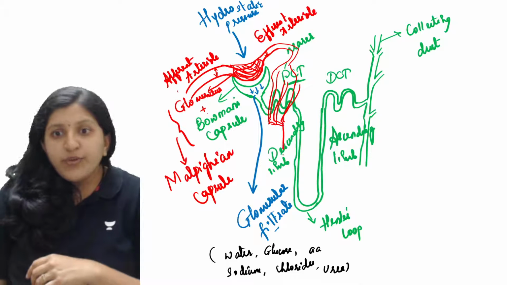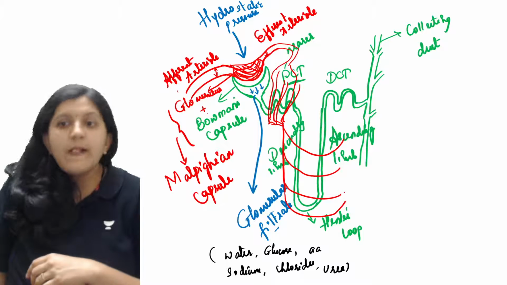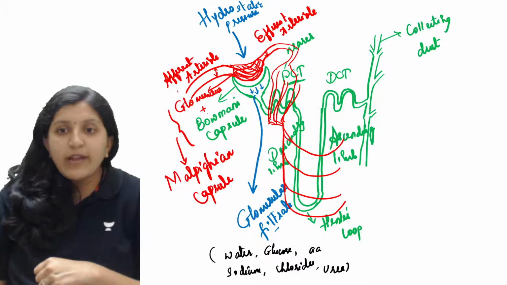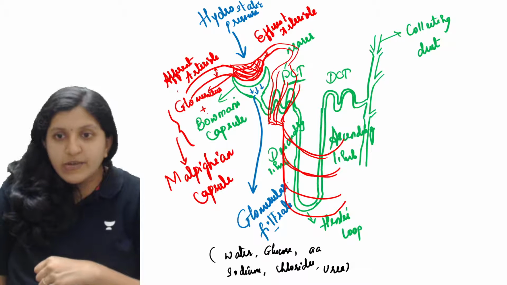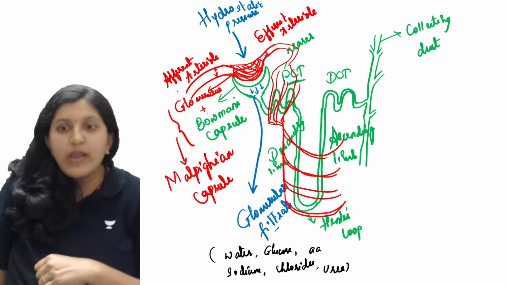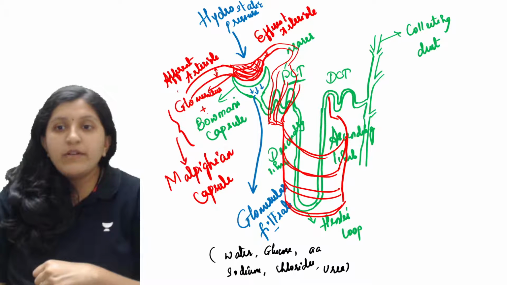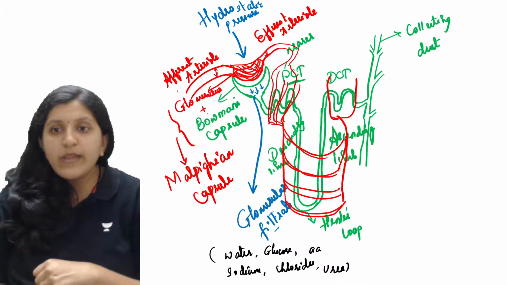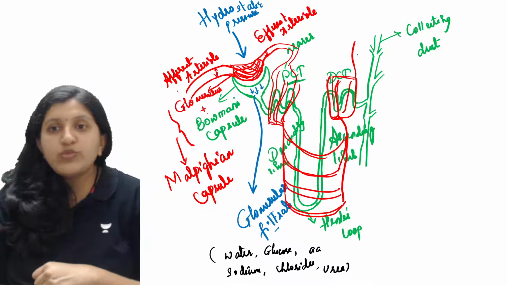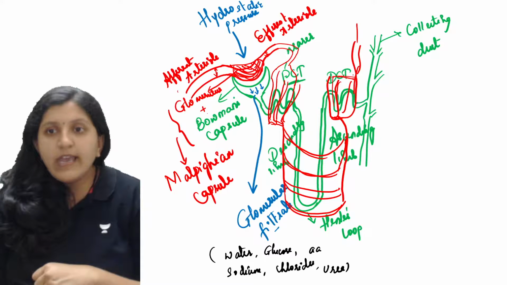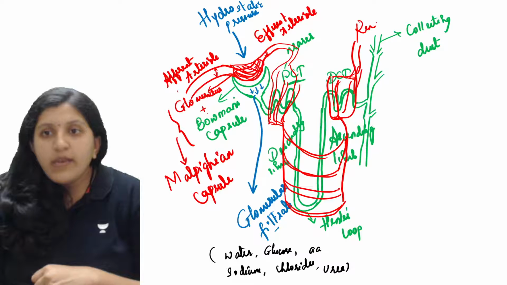Again you can see a capillary formation surrounding this part, which we call vasa recta, the secondary set of capillaries formed here. Again all of these are going to join back. This will further divide around the DCT as well, forming capillaries, and then they all join back to the renal vein.